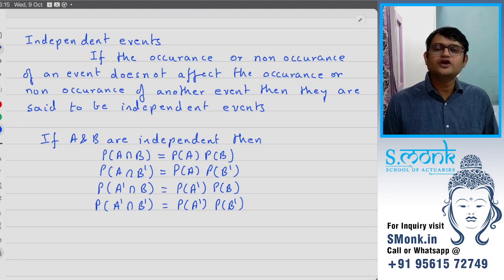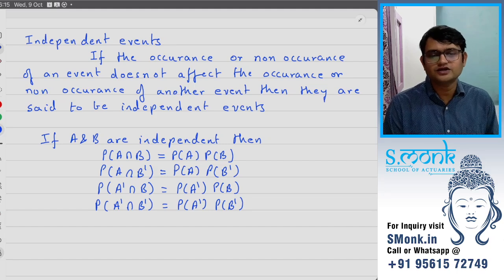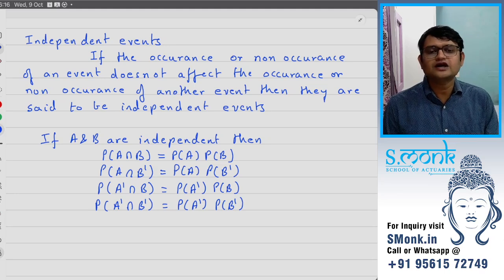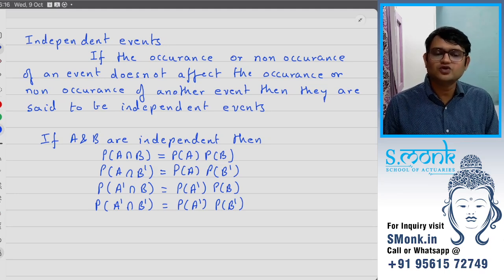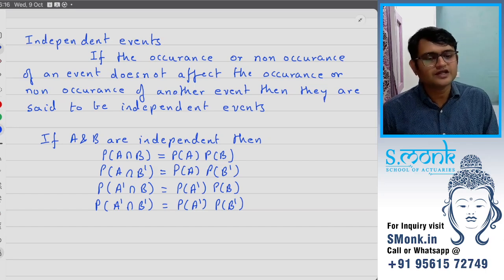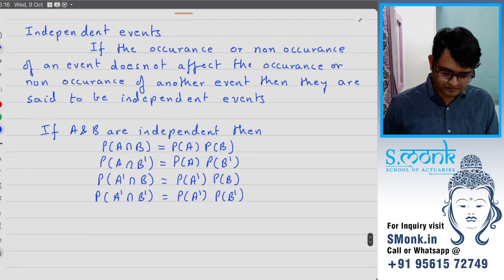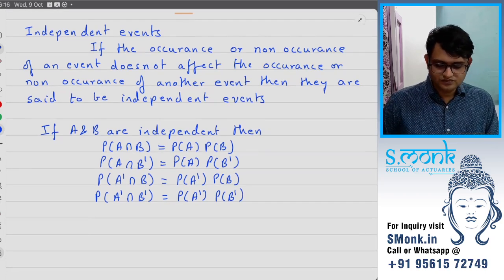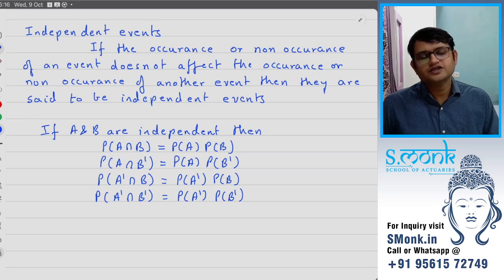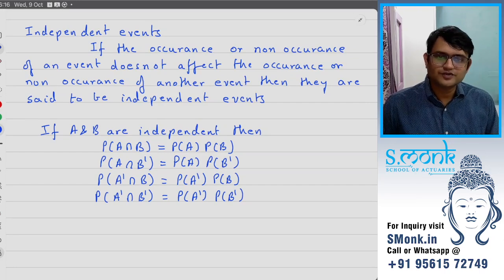So probability of two things happening together, if they are independent, is just they independently occur, right? And whenever two things are happening together independently, we multiply their probabilities. So if A and B are independent, then all of these conditions will be true.